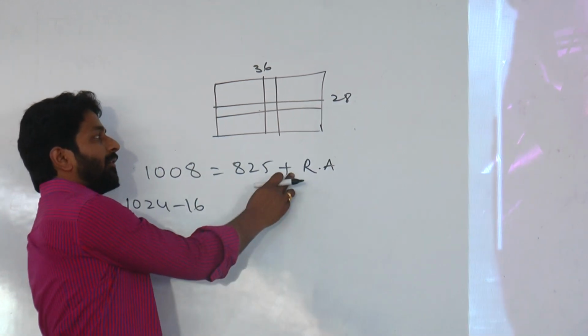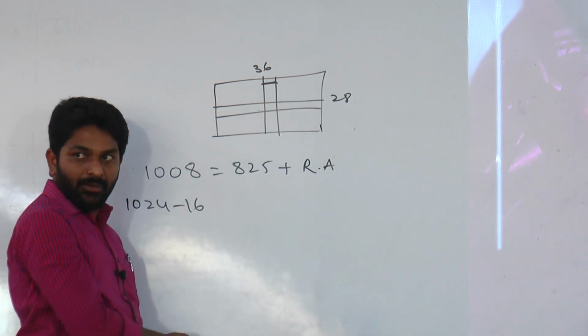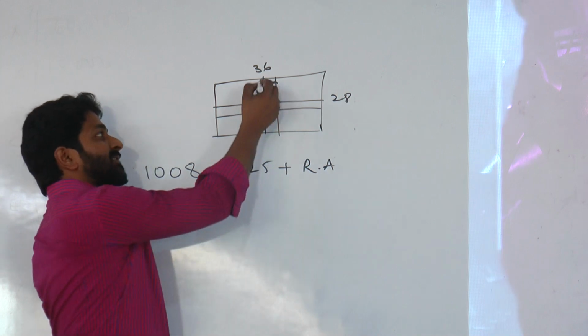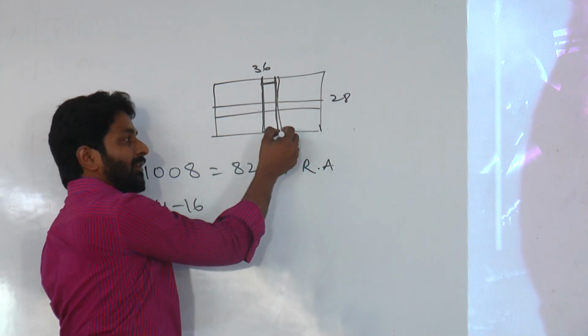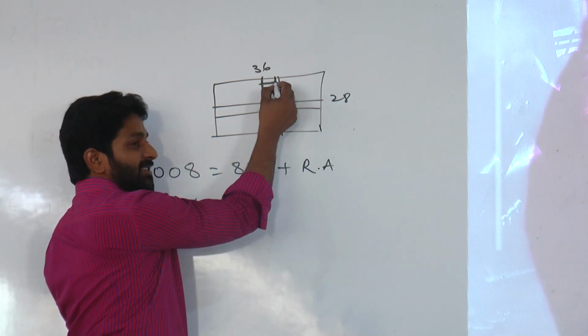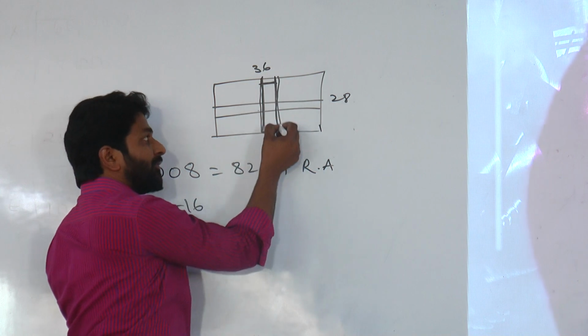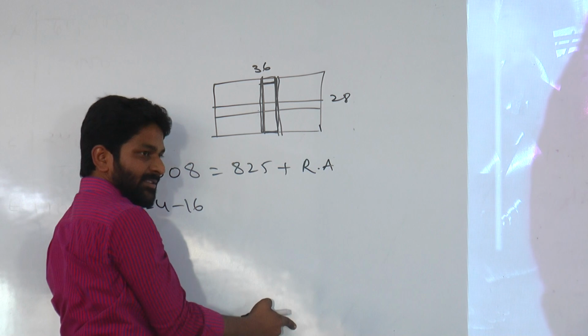Now road area. I don't know the width of the road, let it be x. As this is a particular rectangle whose one side is 28 and width is x, area of this particular road becomes 28x.